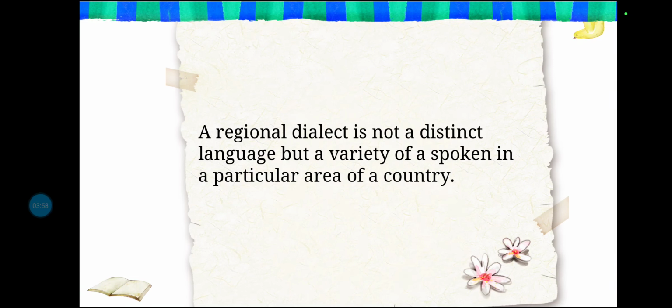Just like here in the Philippines, we have different examples. If you live in the northern part, most of the speakers are Ilocano, so that is their mother tongue. And then we have Pangasinan, Bicol, Cebuano, so those are regional dialects.